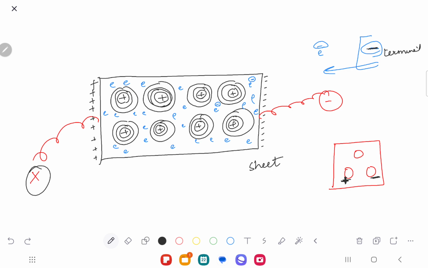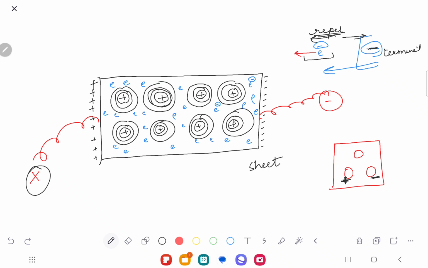So what is happening? This negative is repelling this electron, and this electron is also negative. So negative repels. And when negative repels, what exactly does that mean? Don't you think the electrons shall be forced to move forward in a straight line?